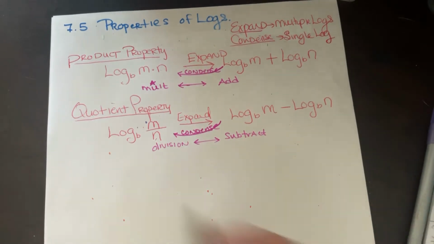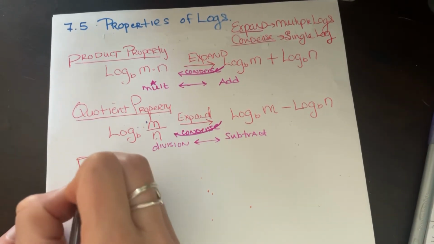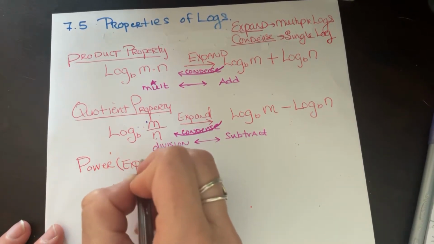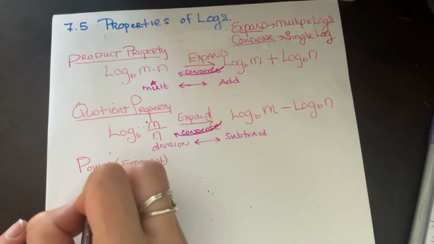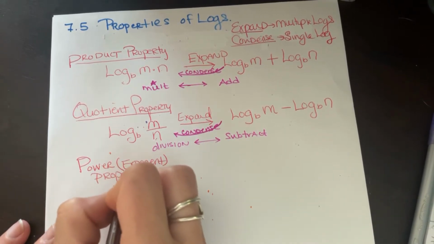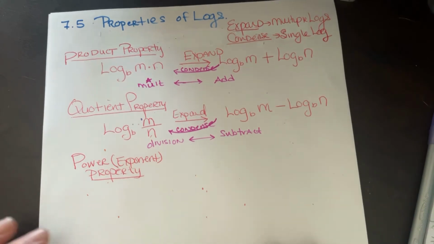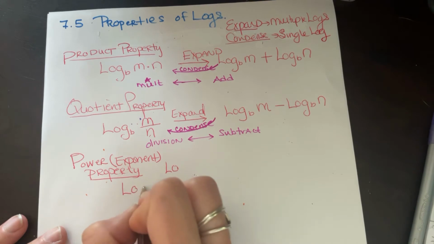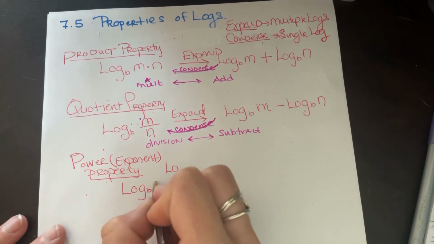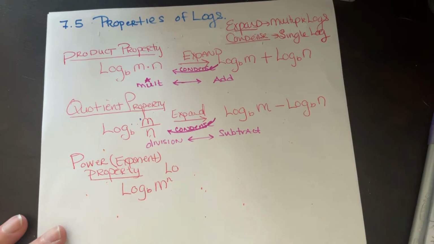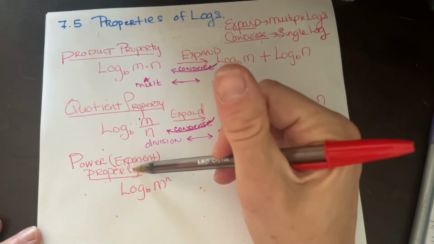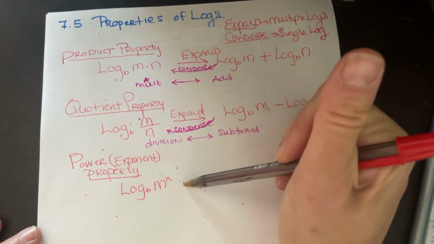And then the last one is the power or exponent property. This one's, not that they're not all important, but people make mistakes in this one, so be careful. So something like this. You're going to start log base, there you go. So you're going to start like that. So you see you have an exponent. So try to think quotient is when you have the single, product is single, property, power, exponent is the single.